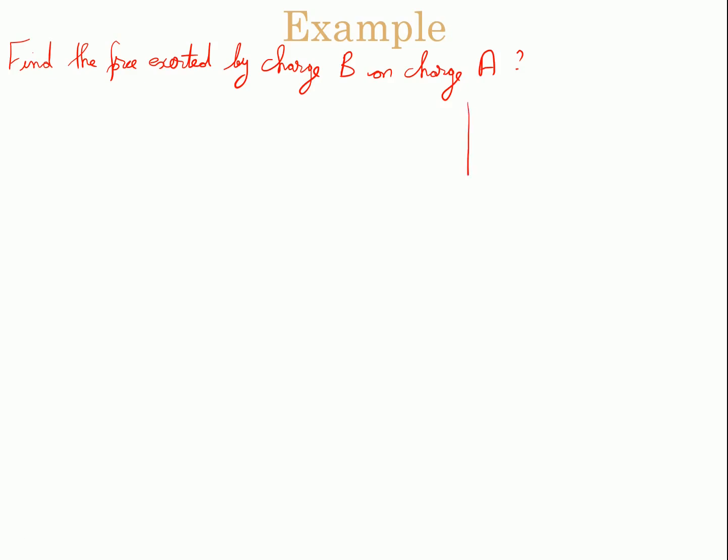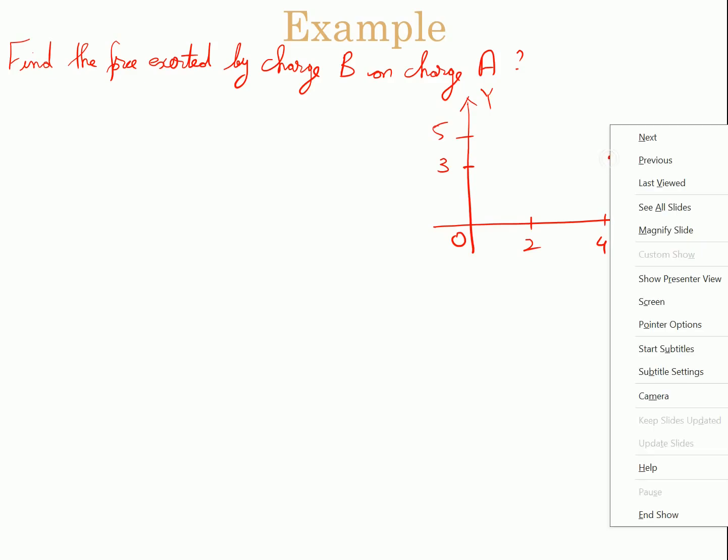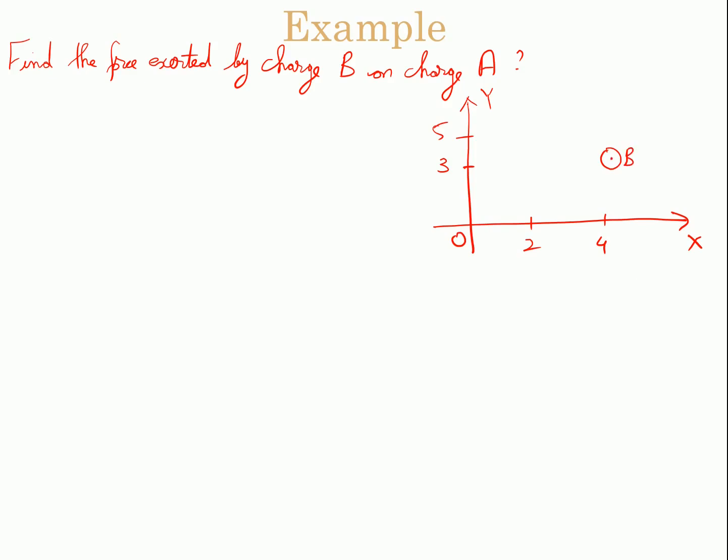We have been given the two-dimensional coordinate system. Let's say this is x and this is y and this is the origin, and the points given to us are 2 and 4 on the x-axis and 3 and 5 on the y-axis. So the first charge B is at this point, and the value of charge B is 3 coulombs. The second point, or charge A, has a value of 2 coulombs, and we want to find how much force is exerted by charge B on charge A.